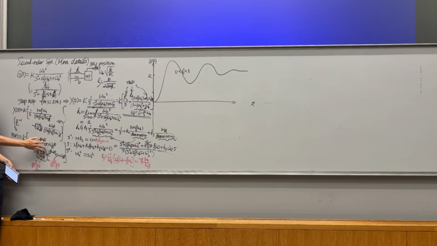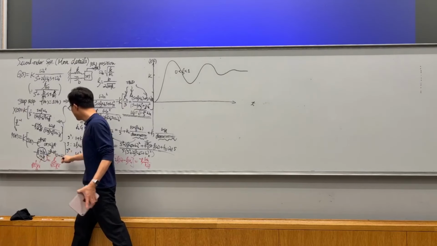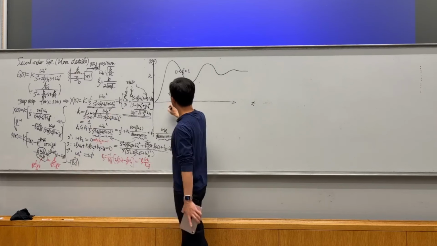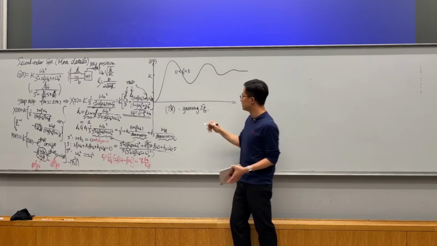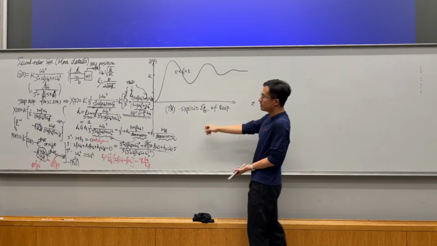We talked about how often we want to combine sine and cosine together as one single sinusoidal function with some phase shift. You can do that as well. Let's call this equation star, the governing equation of the response, in explicit form.